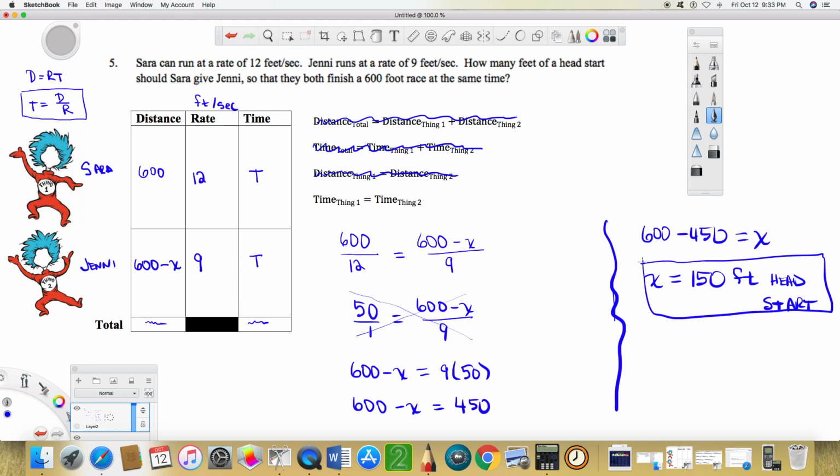Let's see if that kind of makes sense. Now, gosh, will it let me change to an eraser? It will not. I want to erase some of this.